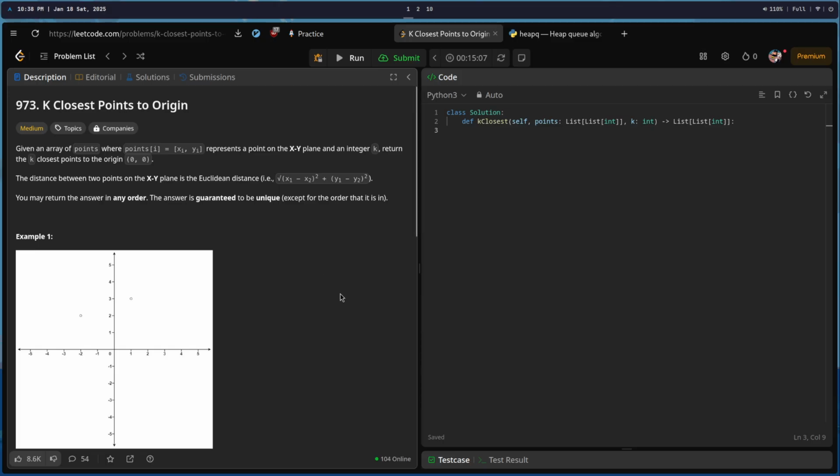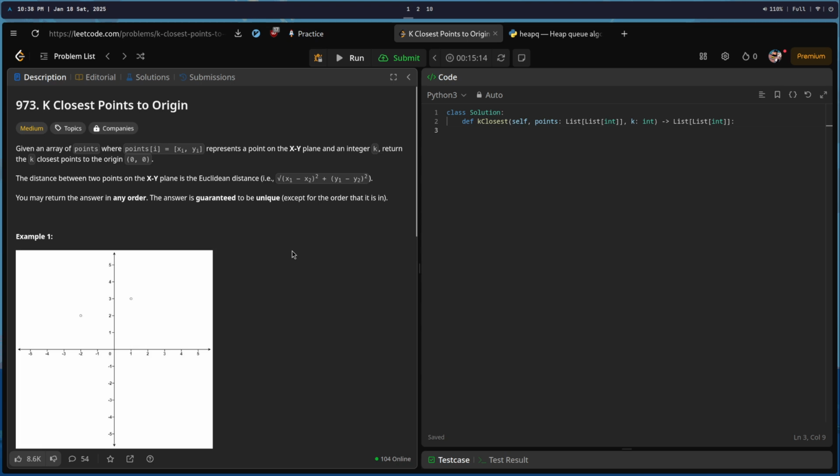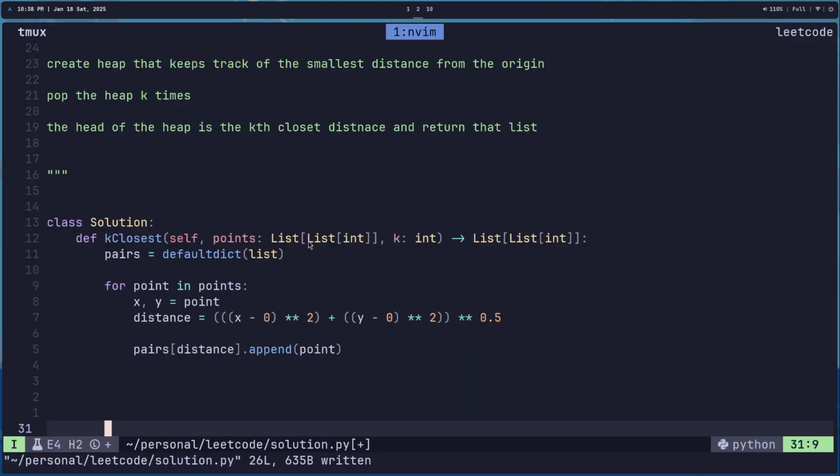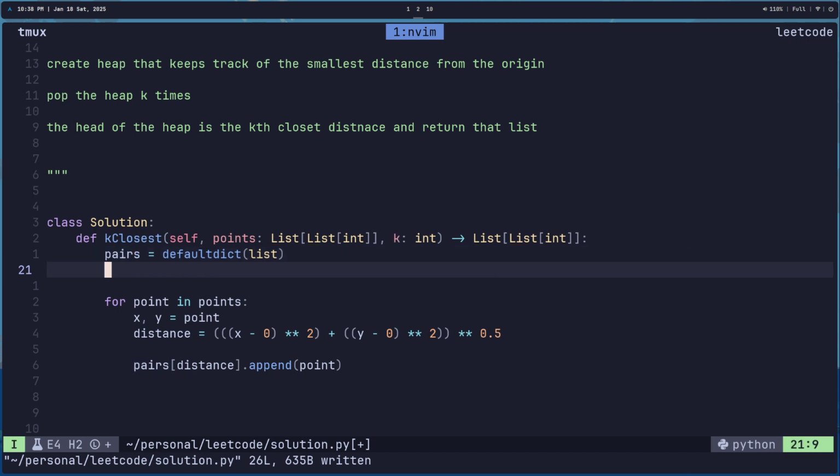We store the points in that order, and then we need to create the heap. We can create the heap as we do this. We could call this heap.